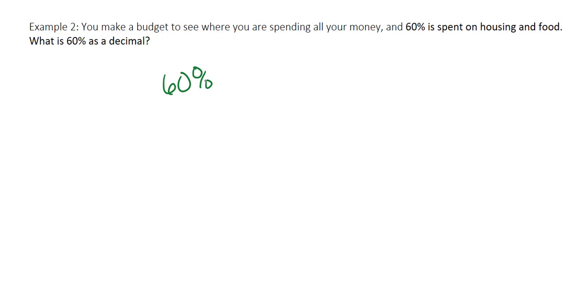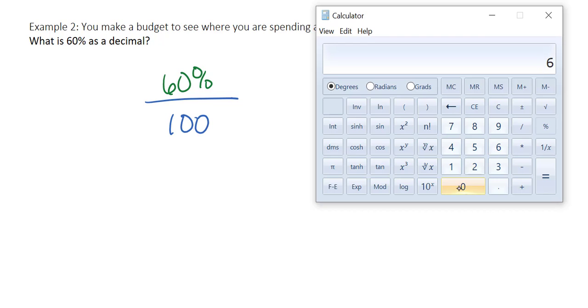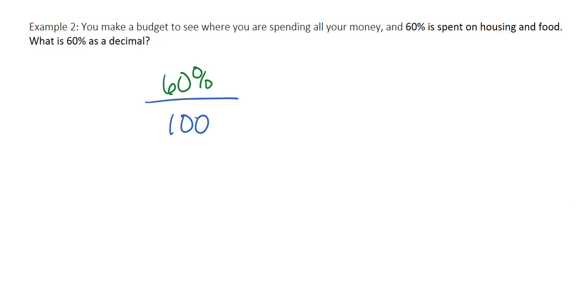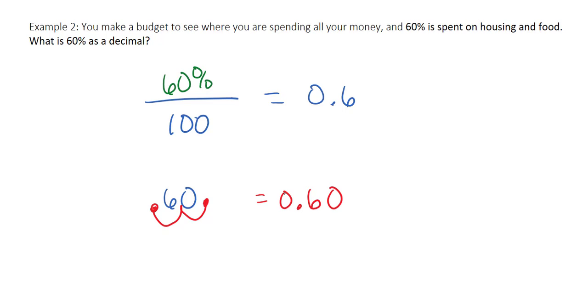Right, so 60%. Well, if we go ahead and divide by 100, so 60 divided by 100 gets us to 0.6. Or if we want 60%, right, and we move the decimal, which is right there, to the left twice, we get 0.60, which we can add that 0.